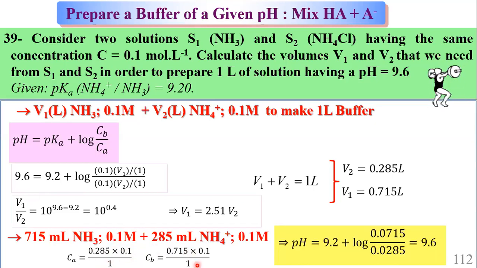But get the concentrations of the acid and the base, substitute it into Henderson, and check. Of course, that wasn't the question. You already got the volumes, but check, indeed, if I use these concentrations, do I get a buffer pH of 9.6? And if you do, that means that the volumes that you have calculated are correct. Okay, so that's a nice check for you at the end.